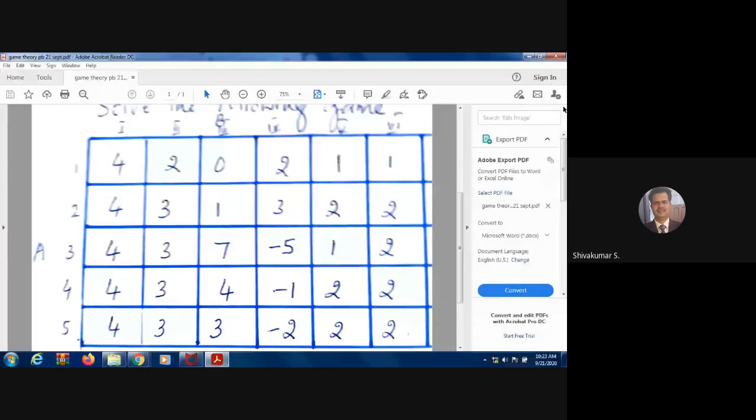So the values of column 2 are dominated by column 4, 5 or 6. Even column 6 is correct: column 6 has 2, 2, 2 and column 2 has 3, 3, 3, so 3 is greater than or equal to 2. Certainly column 2 is dominated by column 6. So delete column 2.